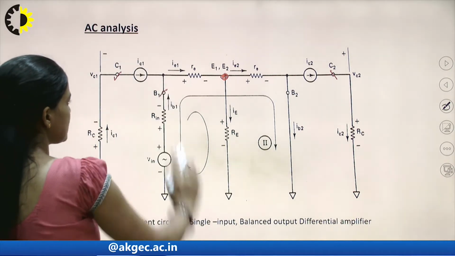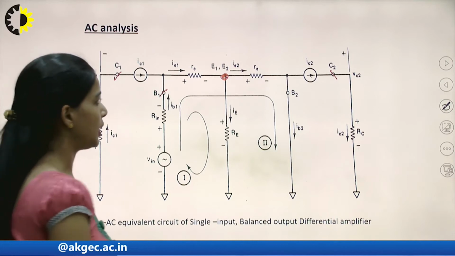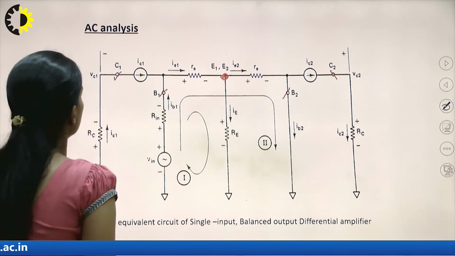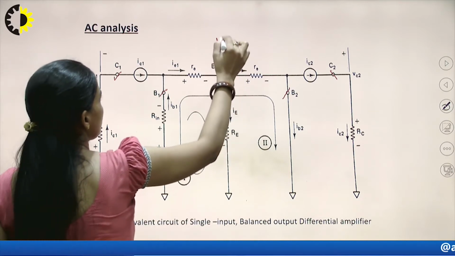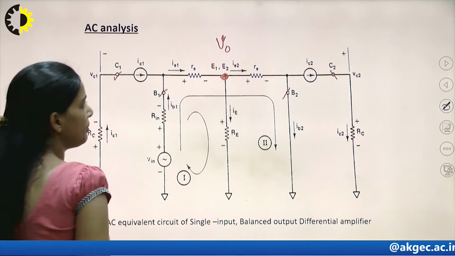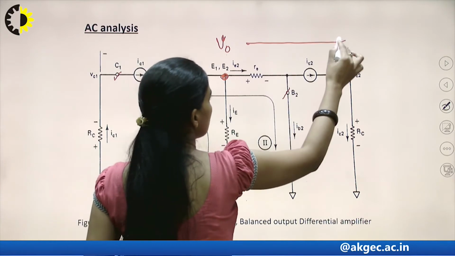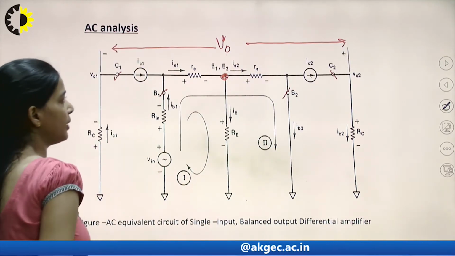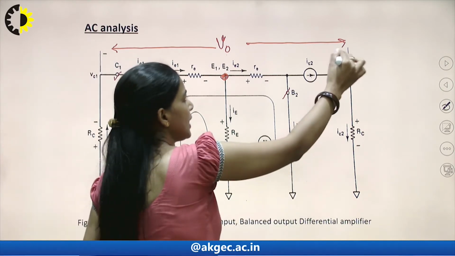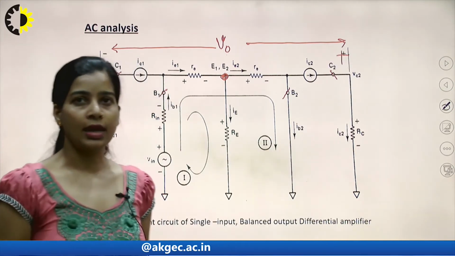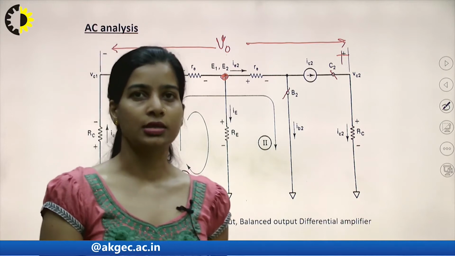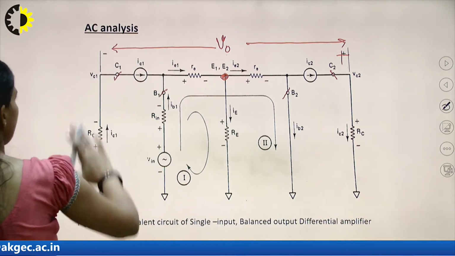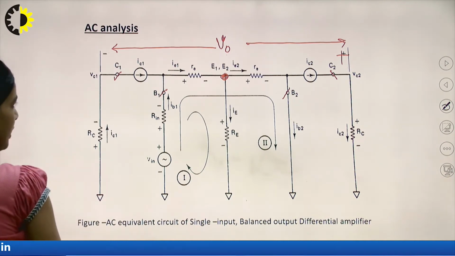B1 is the base of transistor 1, and B2 is the base of transistor 2. Now here, the balanced output configuration, so output we will be measuring between two collectors, that is collector 2 and collector 1. Here I have marked it as positive, that is, it is considered that collector 2 is relatively more positive as compared to collector 1.